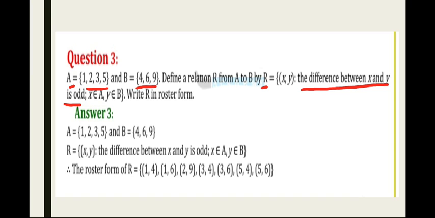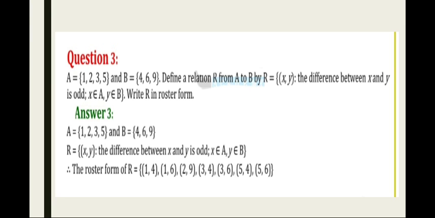So, you have to form the ordered pairs in such a way that the difference between x and y is an odd number. So, suppose, okay, first of all, if you subtract an even number from an even number, the value will be even, that is, the subtraction of two even numbers is even.